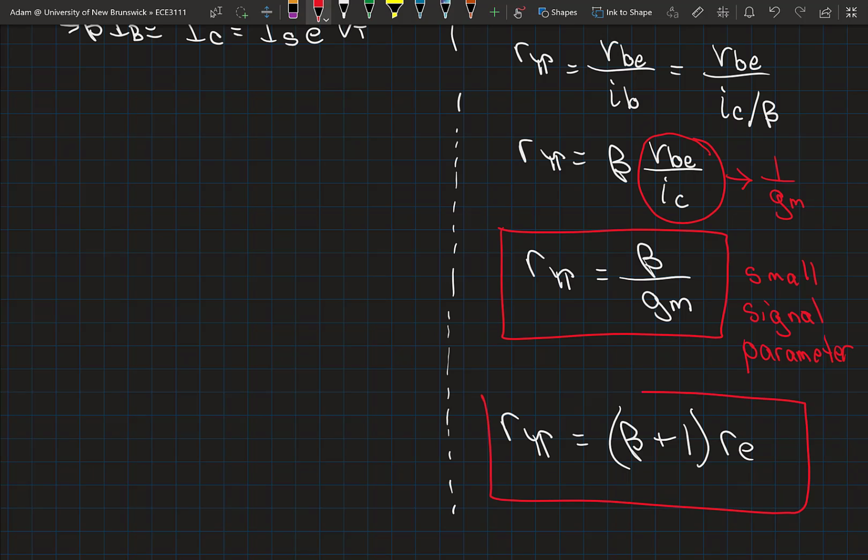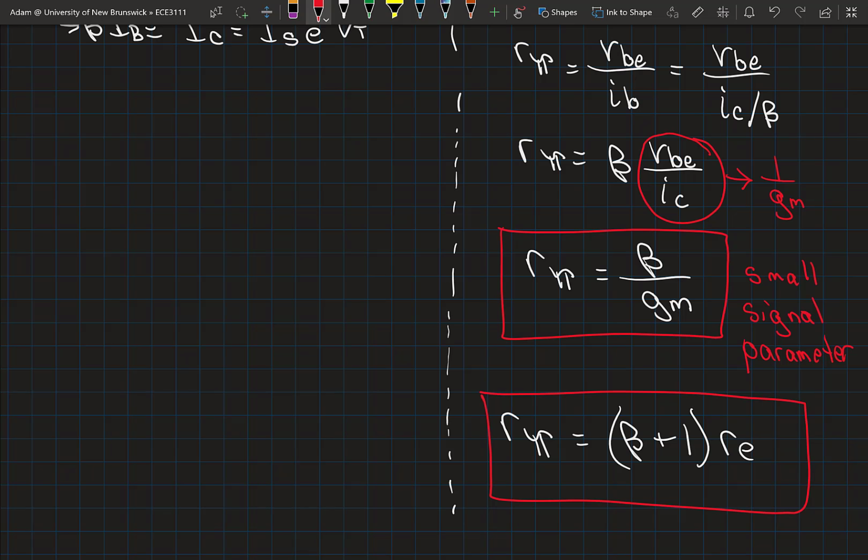This shouldn't be super surprising: the resistance in the pi model is associated with the current in the base, whereas the RE is associated with the current in the emitter, and that current in the emitter is beta plus 1 times larger than the current in the base. So when we model the resistance in the pi model, we have to model that resistance as beta plus 1 times larger to have that scaled impact with the smaller base current.